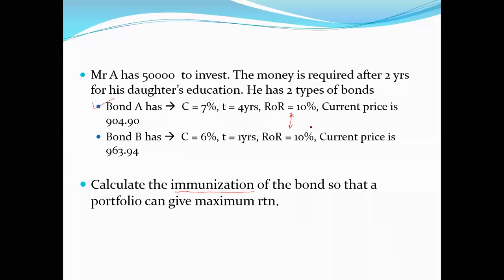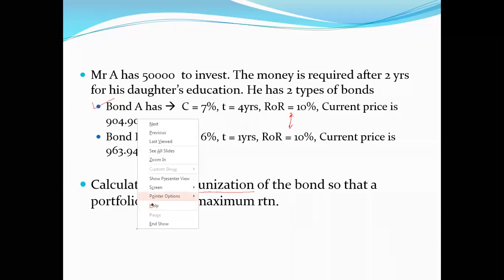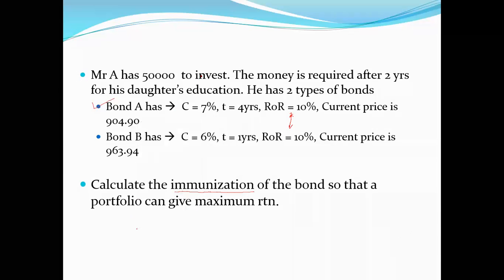Now, whenever the question comes on calculation of bond immunization strategy, we are always going to use the formula X1, which talks about the proportion of investment.